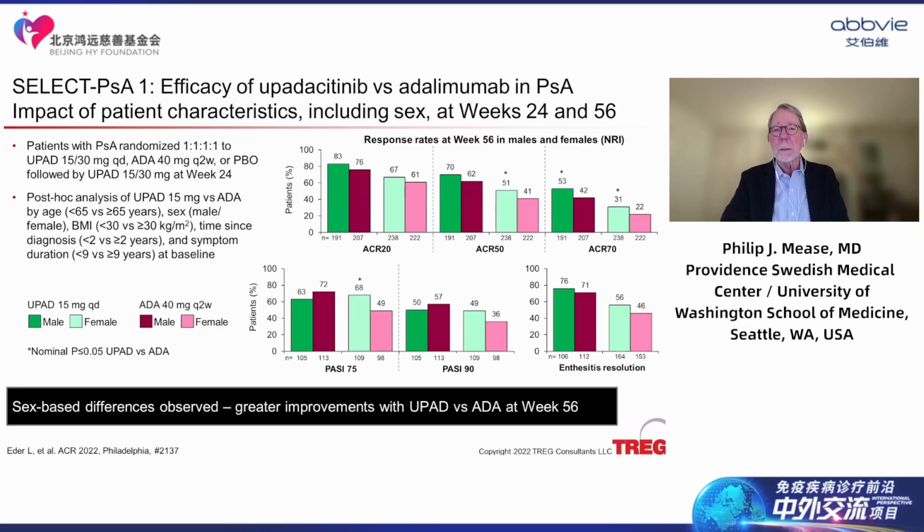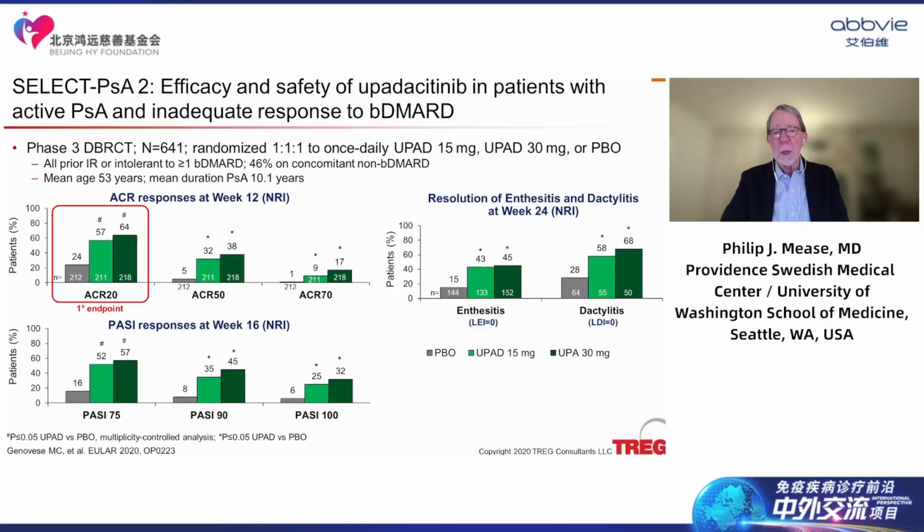And then I'm going to push on beyond this and go to PsA2. This is in a patient population that had been exposed to biologic therapy previously. So if you're using this treatment after a biologic agent, then these are the results that you might expect. Again, very high ACR responses, as noted here.